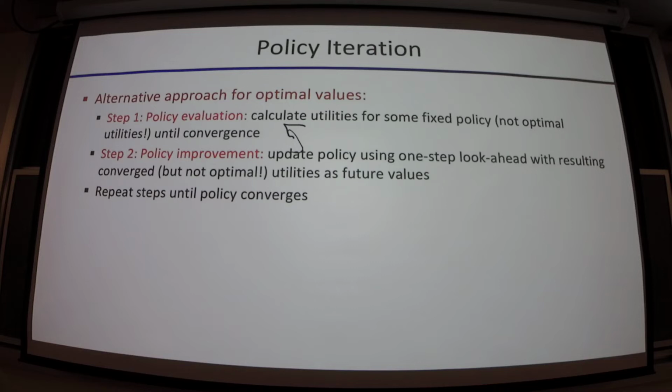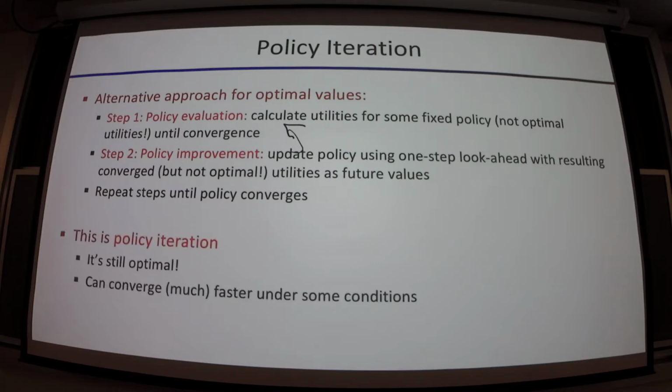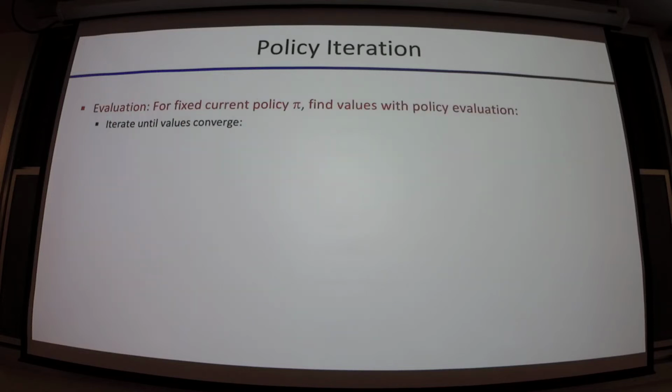Okay. This is policy iteration. It's still optimal. And in practice, it can converge much faster under a lot of conditions than value iteration. Okay, so now we have two strategies really for identifying our values, right? Value iteration and policy iteration. Okay.